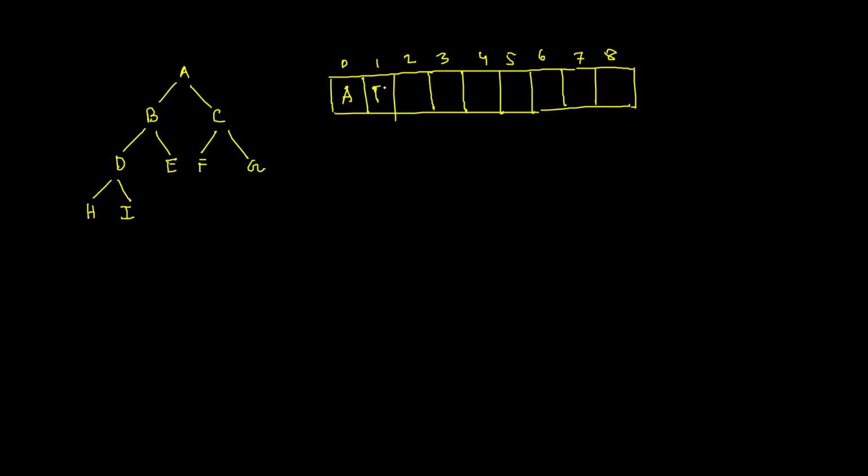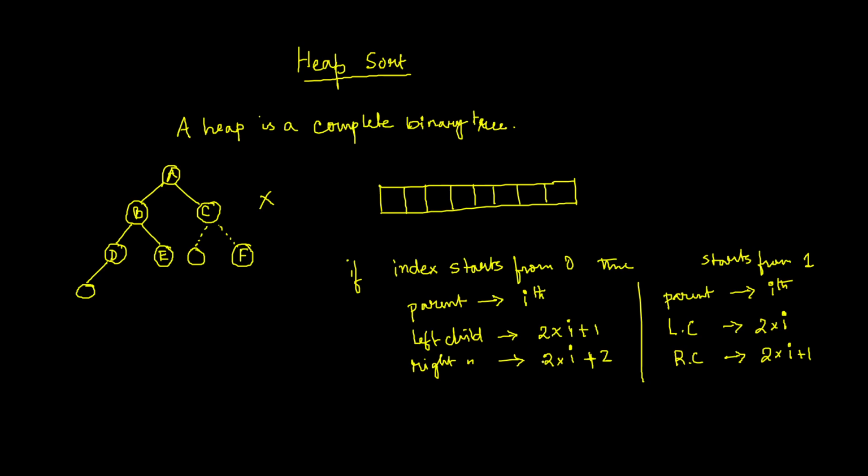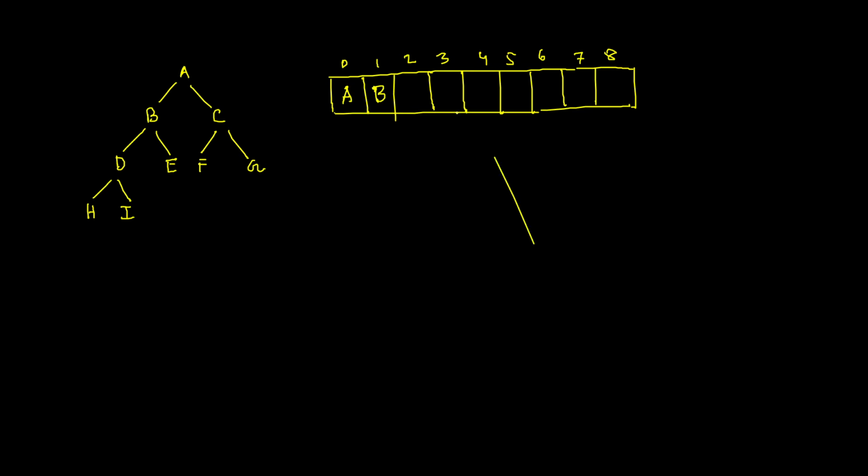That means B should be present here. Similarly, with respect to A, C should be at 2i plus 2, that means 2 into 0 plus 2, which is 2.